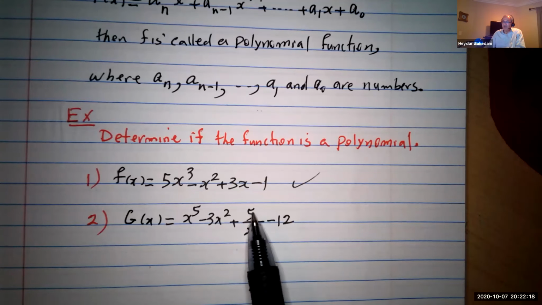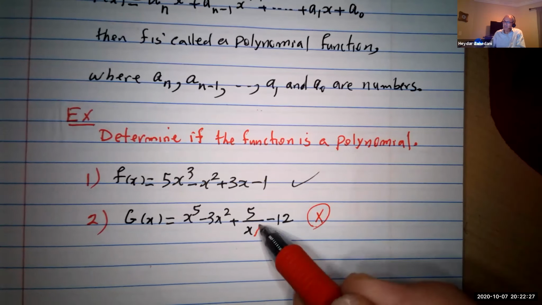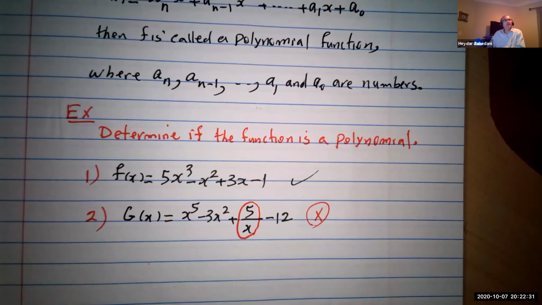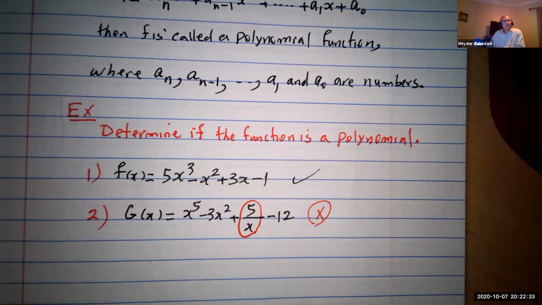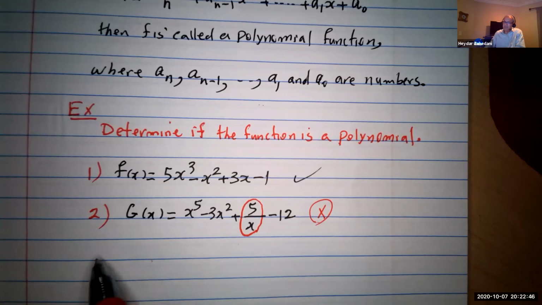This is 5 divided by x, so in this case it is not a polynomial, because this is not a term. Besides, you can move it up and you have a negative exponent, and you cannot have a negative exponent in a polynomial. So we reject this one. Any question?